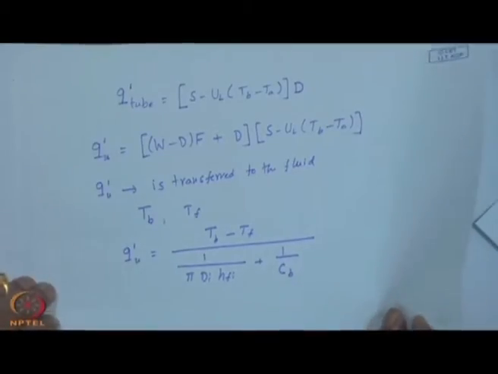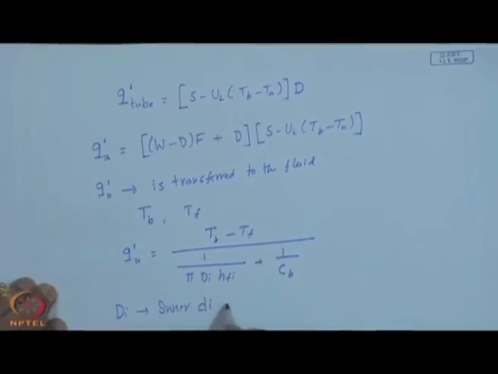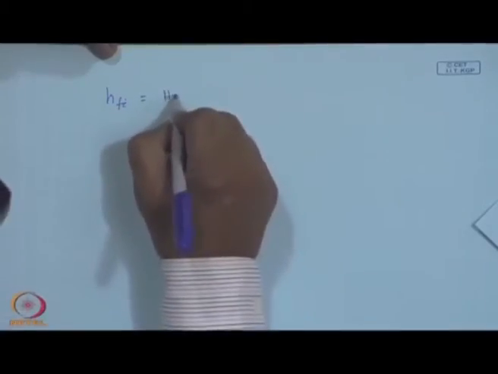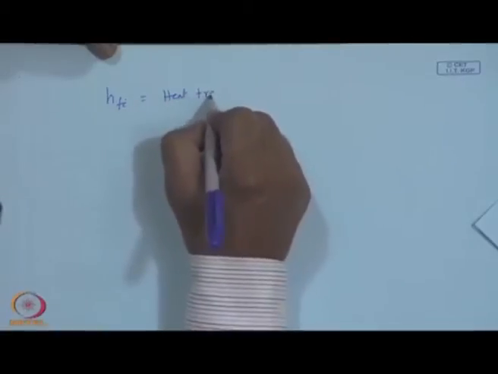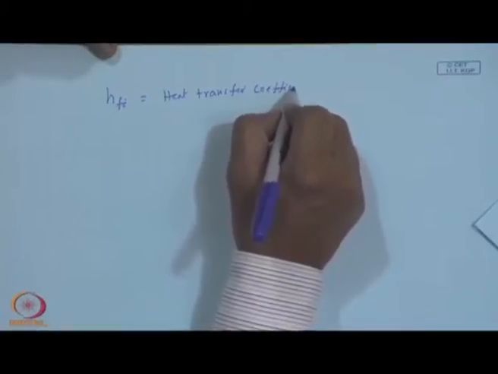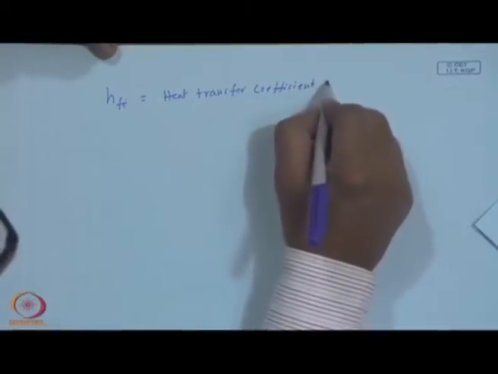D_i is the inside diameter of the tube, and h_fi is the heat transfer coefficient in the tube.